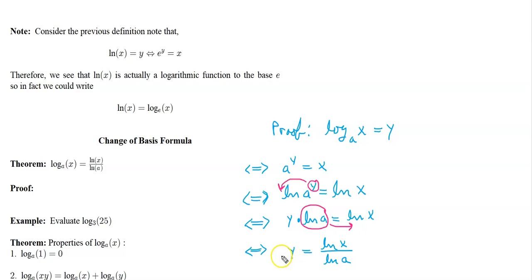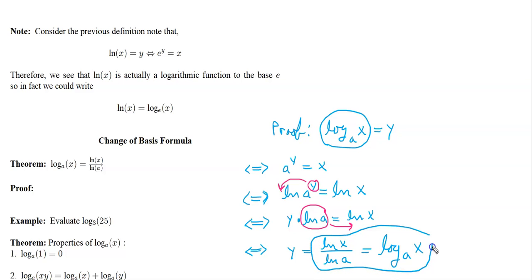Now recall that y is equal to this quantity up here. So if I put this in place of the y, we get that this quantity is equal to, and there you go, we have our proof completed. That's exactly what we wanted to show.